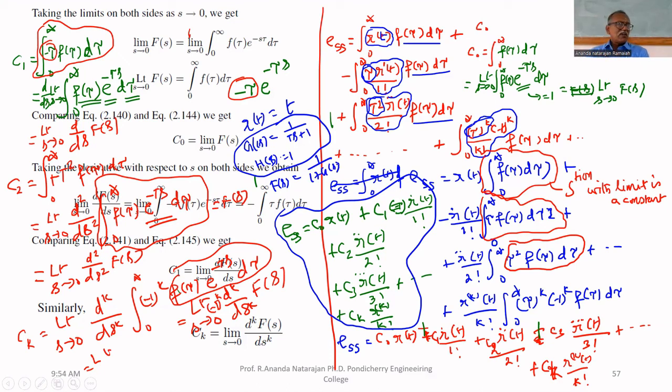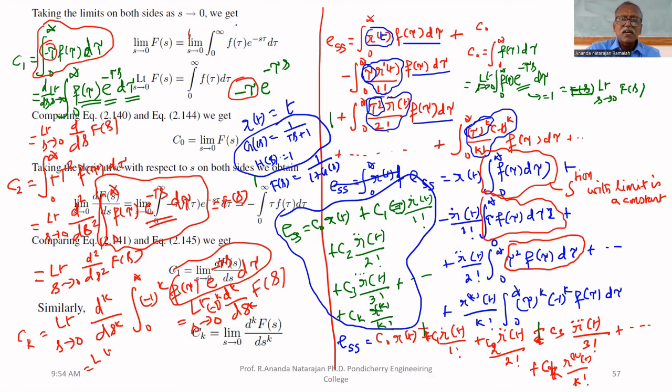As we know F of s, we can find C0, C1, C2, C3, etc. R of t we have to substitute here. If you know C0, C1 and so on, just substitute r of t and you will get steady state error.